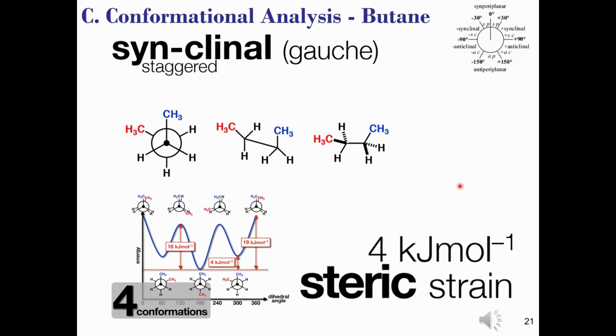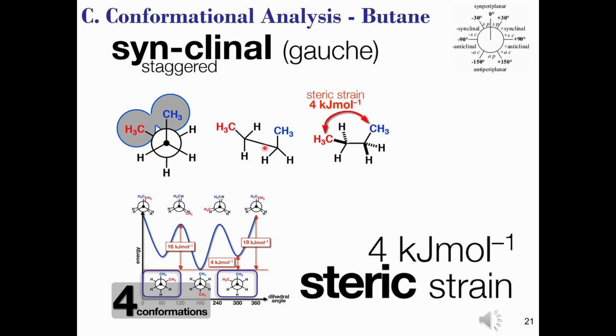Just as we looked at the two next highest conformers, that was the anticlinal conformers, we're now going to look at the next two lowest energy conformers. These are the synclinal, otherwise known as gauche conformers. These are the staggered conformers, where you have two methyl groups that are still in some degree of proximity to each other.